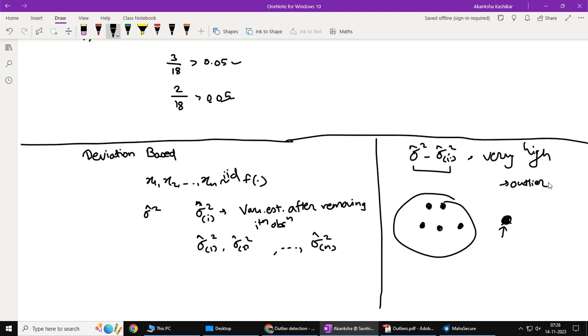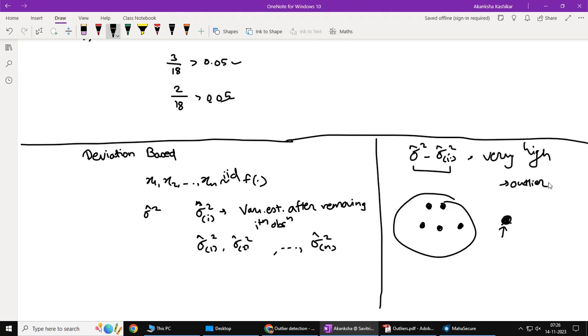Again, we don't have a very strict cutoff here, but this will give us a way of ranking the observations as outliers. So this is what is known as the deviation based approach. Right now we are treating it as a univariate approach, but it could be generalized to a multivariate setup.